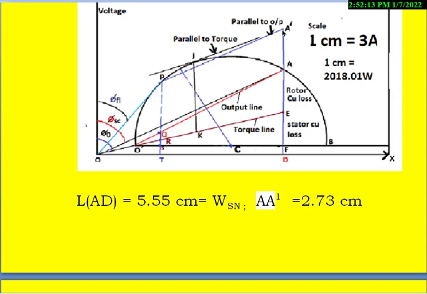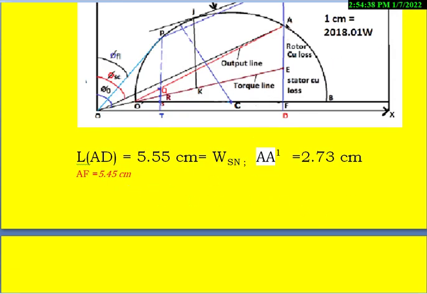So for this output line, we draw the parallel line from A dash like this, so that it will cut the semicircle to the right of the voltage axis at point P. Now the distance from O to P represents the full load current, and the angle made by OP with respect to the voltage is called the full load power factor angle, which is represented by phi FL.